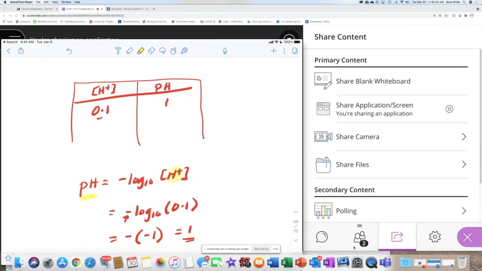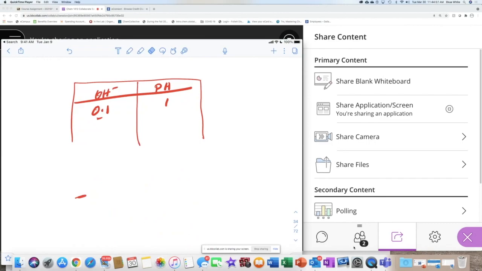So that also applies for the P. In the case of the OH minus and then the pH, remember the P is a negative log of whatever symbol is written here. So if you have OH, you cannot put OH right here. So you may want to use the other formula.